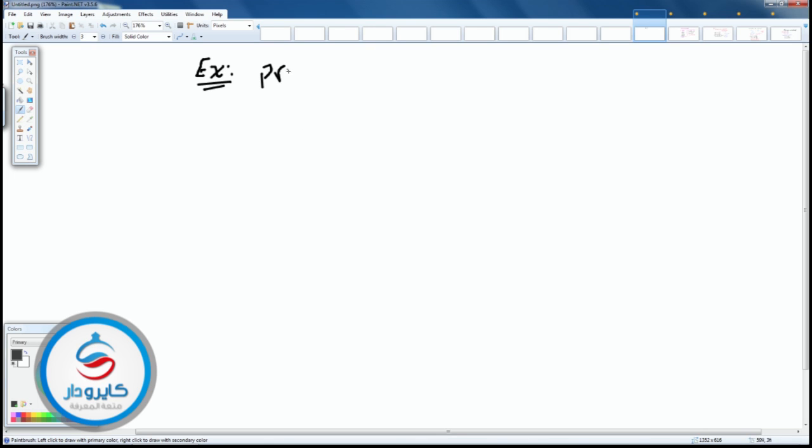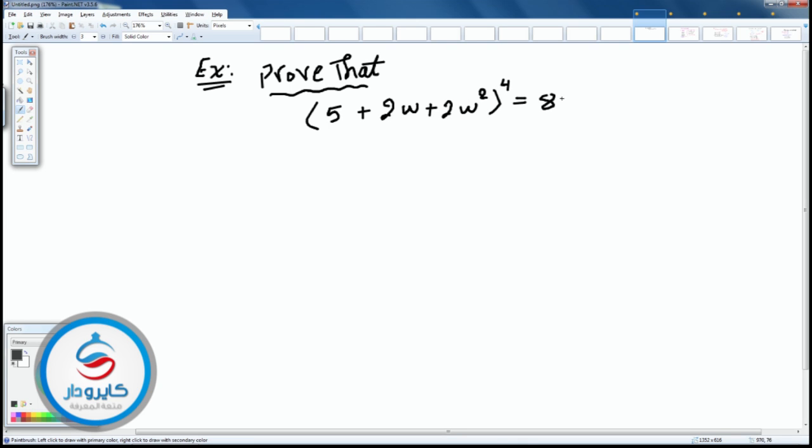First, prove that 5 plus 2 omega plus 2 omega power 2, all to the power of 4, equals 81. How could we solve this problem?